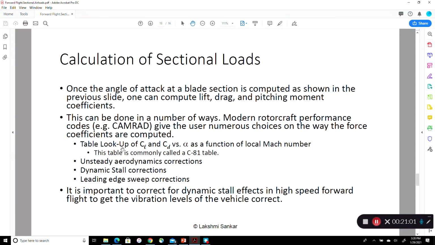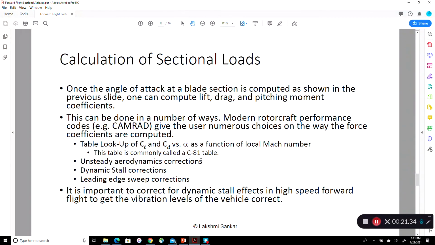But this table is just static data, just like in a wind tunnel, where you test CL versus alpha. For every alpha, you get one CL at a given Mach number. But we know the flow is unsteady, so alpha is changing with time. So it's possible to use small angle of attack unsteady aerodynamics, the so-called Theodorsen theory, to correct for unsteady aerodynamics. What does this account for? Let's say you pitch the angle of attack by 1 degree abruptly.